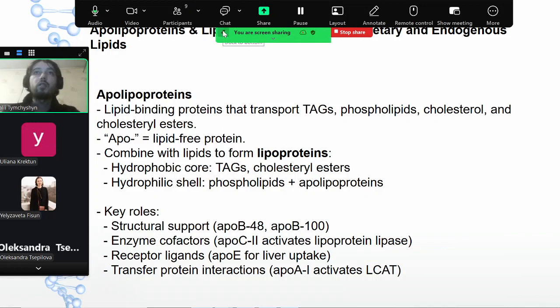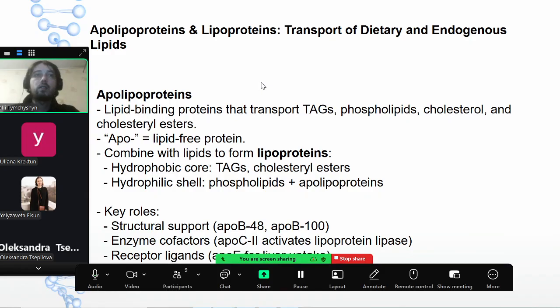So the color changes after a good meal that contained a lot of different fatty acids and so on.